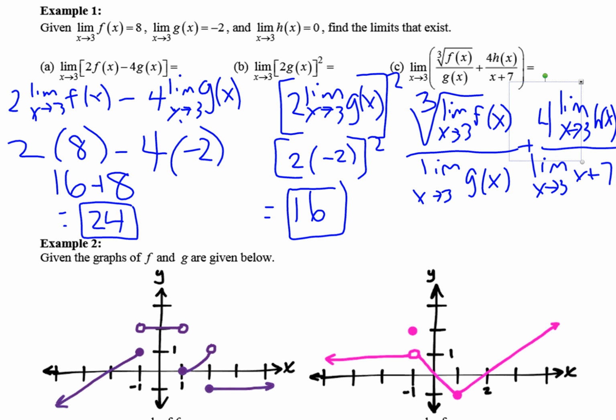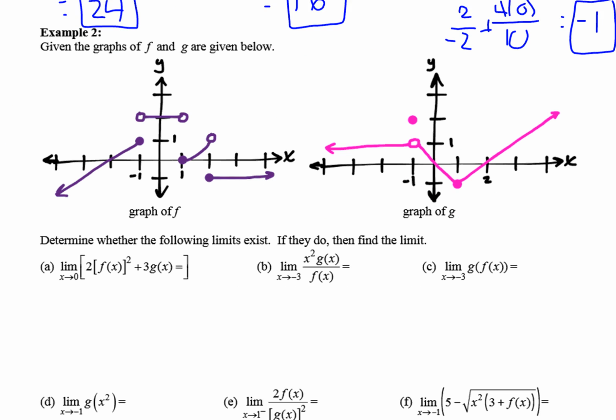So the cube root of 8 would be 2. This would be negative 2 plus 4 times 0, which is 0, over 10. So negative 2, or 2 over negative 2 is negative 1.